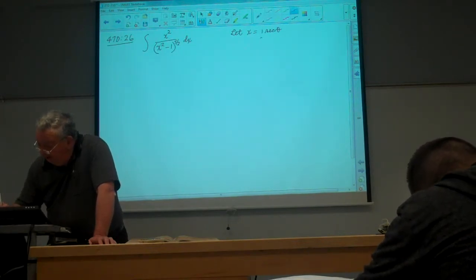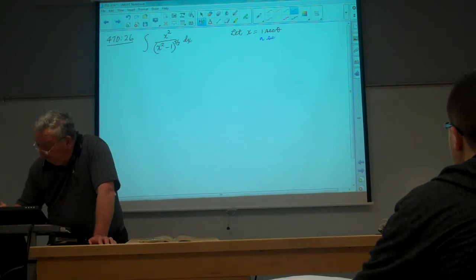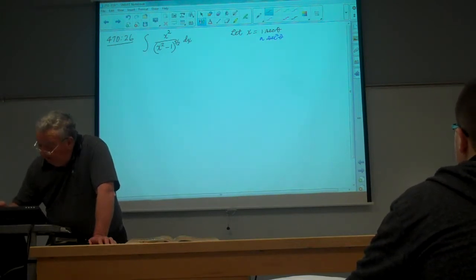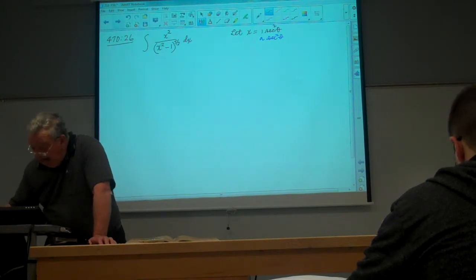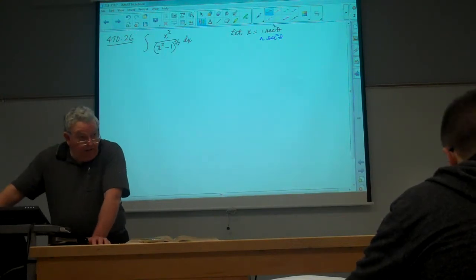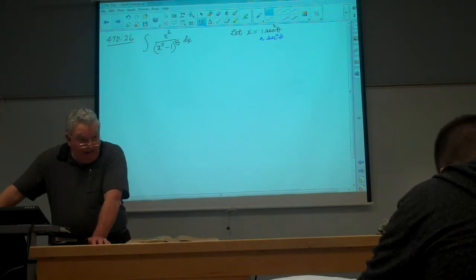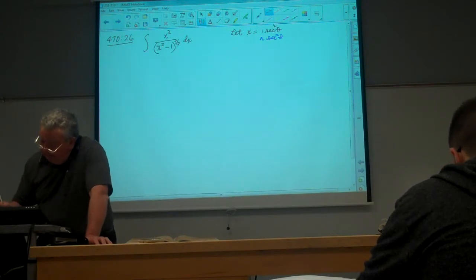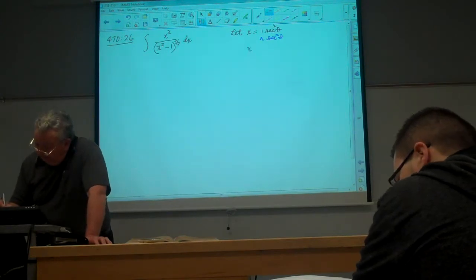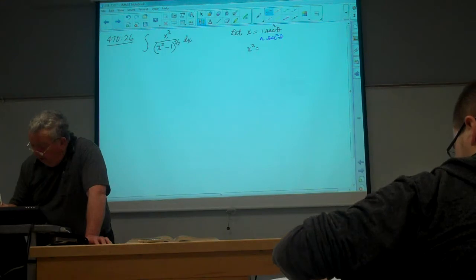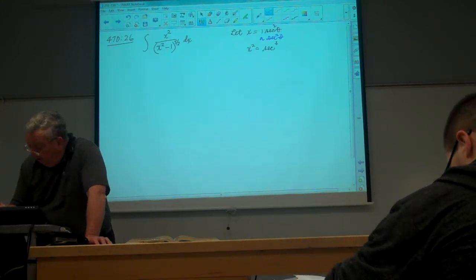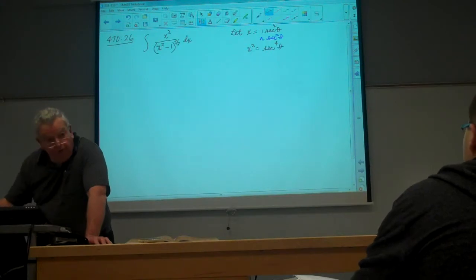And that is what the card says, a secant squared theta, and in this case a is 1, right? Everybody agree? So x squared is equal to secant to the 4th theta. Do we agree?